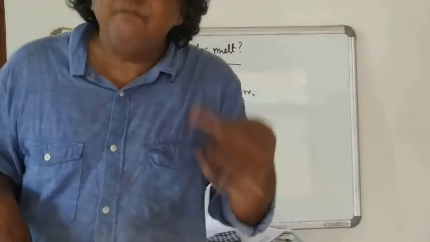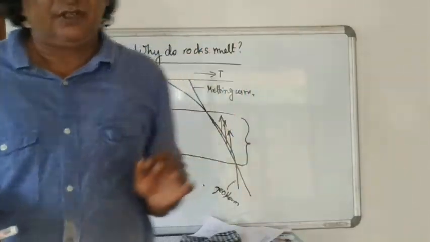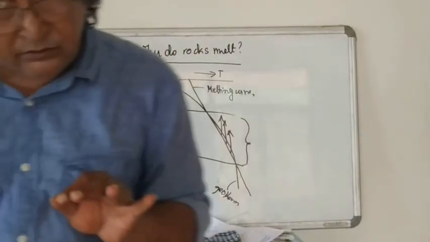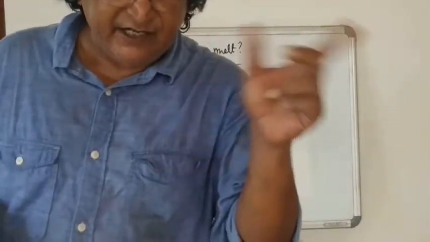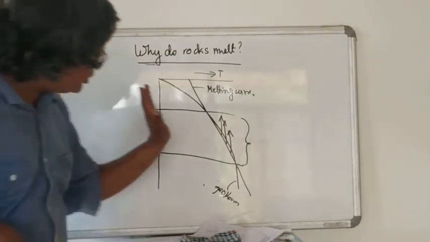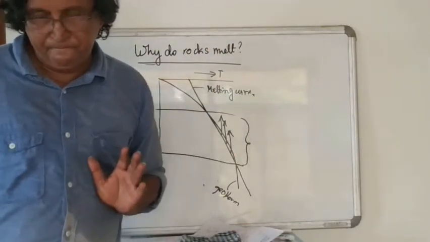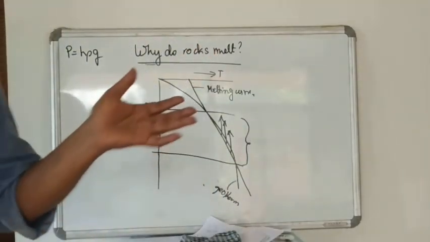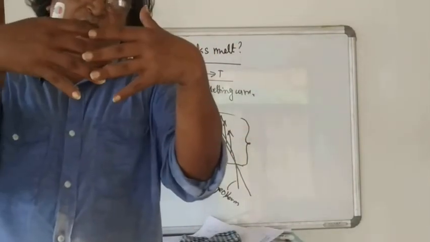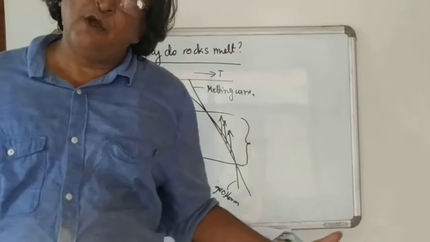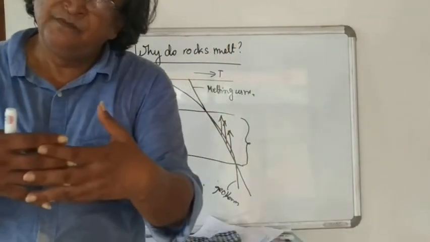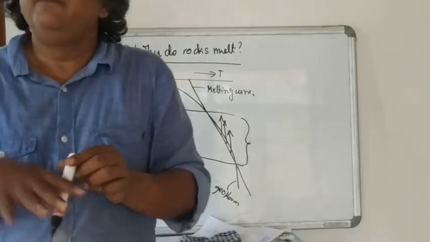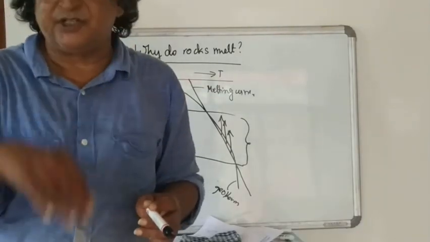And this can be done by two processes. One, by reducing the melting temperature of the rock, by contaminating it or adding a solute, or by shifting the geotherm so that it intersects the melting curve. And you can operate from both ends also. We will see how this works, but for the moment, I will stop here. We will continue with this discussion in the next.